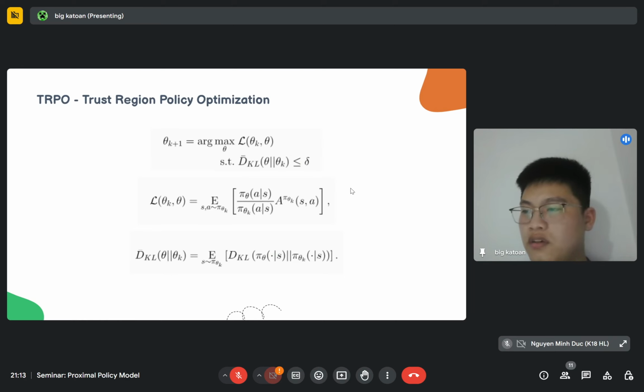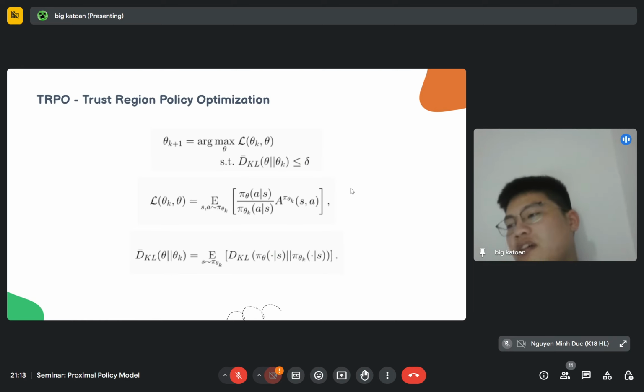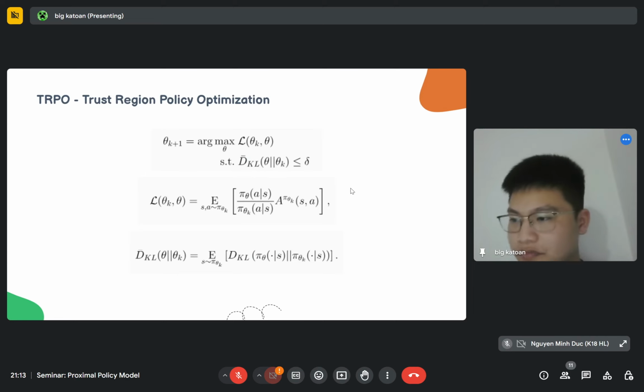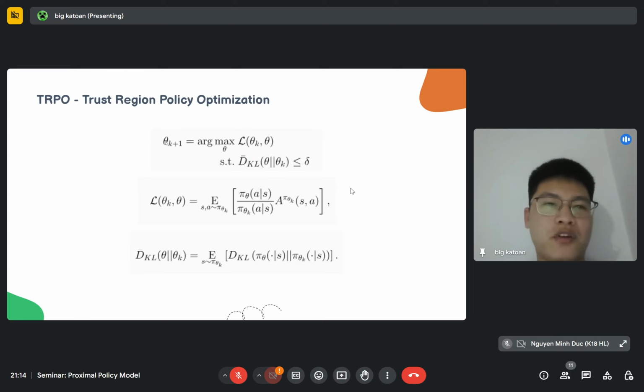Okay, this is the algorithm of TRPO. It's divided into two parts. Let's talk about this equation. Theta is the parameter of the model we use to compute.